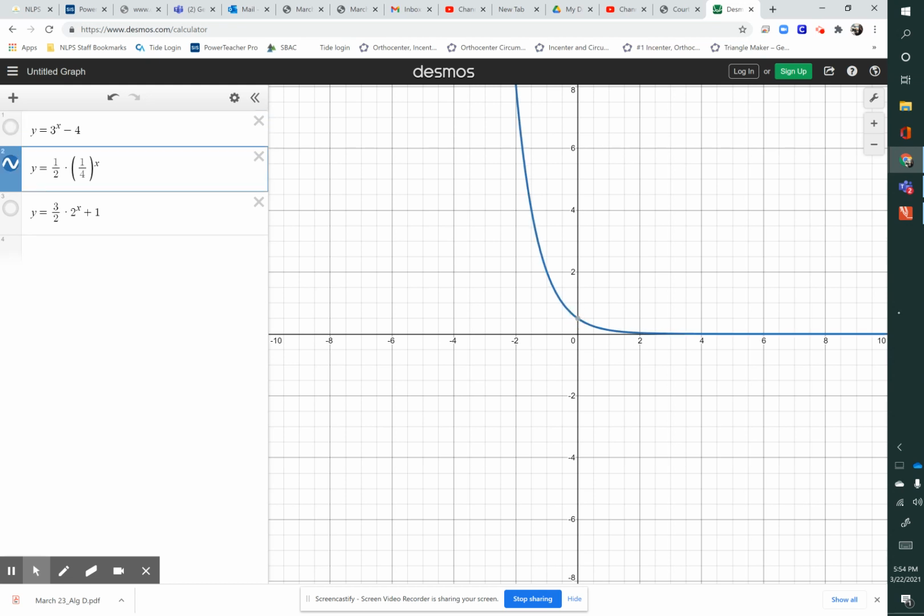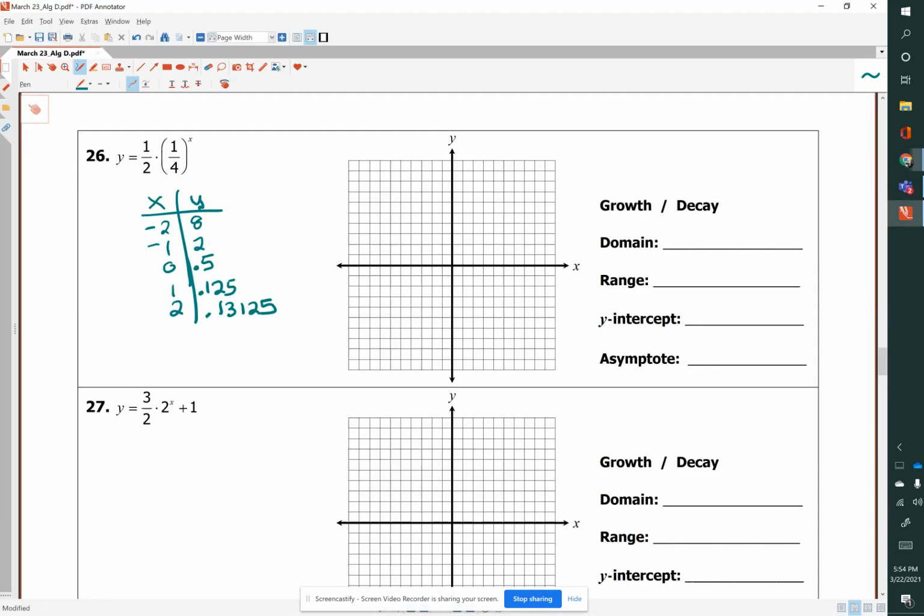Our y-intercept is the point 0, 0.5, so it's 1/2. So this is a decay function with a domain of all real numbers. A range of y is greater than 0. The y-intercept is 0, 0.5, and the asymptote is y equals 0.